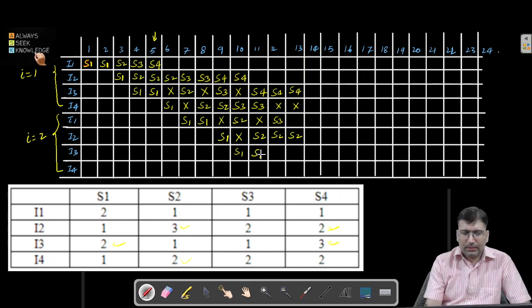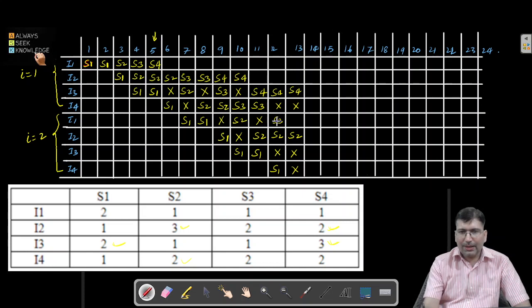I3 in S1 requires 2 machine cycles, but it cannot be moved to S2. But here we will be able to push I4 into S1. I4 in S1 requires 1 cycle, right? But it cannot shift to S2 because S2 is still busy.